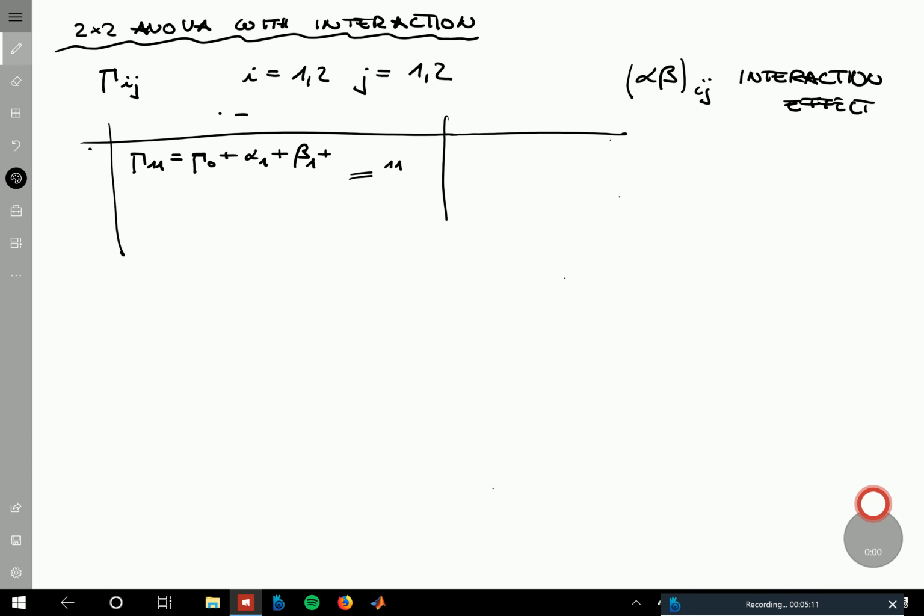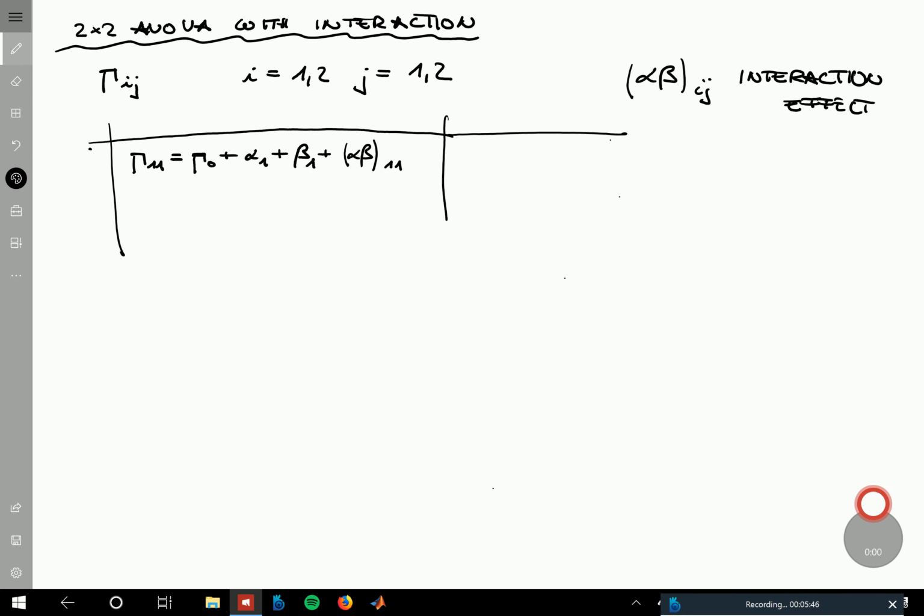In general one could have just taken a gamma, so alpha, beta, gamma 11 as the interaction effect would also work. The alpha beta is nice, so that one knows that this is about combining alpha and beta, but it's just a symbol. It's not a mathematical operation, and these brackets are not for mathematical reasons. It's just notation.